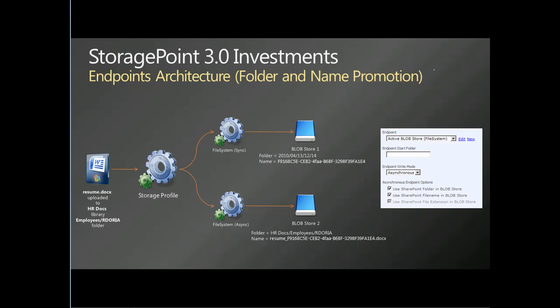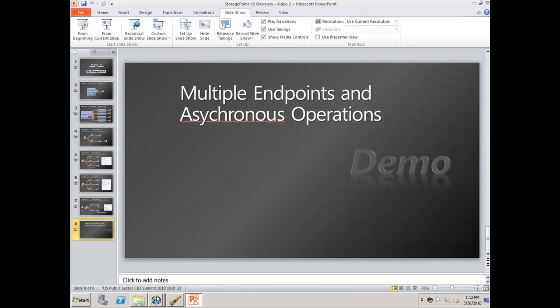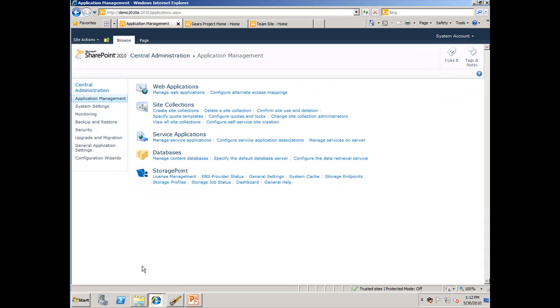With this turned on, if you do the operation asynchronously and you check the two options here in the configuration, you can actually have the same structure and file name usage in the blob stores that you have in your SharePoint lists and libraries. So with that, I'm just going to flip over and do a very quick demo here.